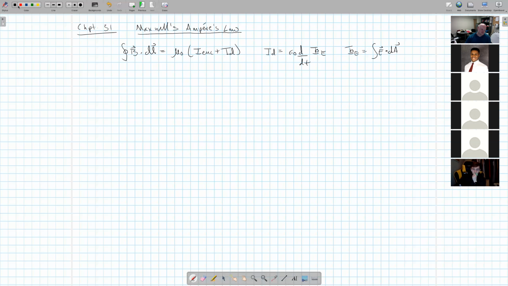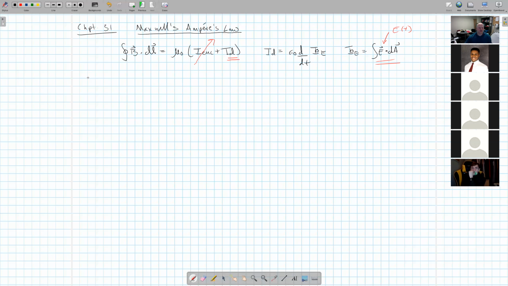For exam purposes, we're not going to care about the I enclosed. We already did that before with Ampere's law, that was exam 4. What we're really going to concentrate on is just the displacement current, which means there has to be something in here which is time dependent, which for us will actually be the electric field. So the electric field itself will be time dependent, not the area. Our area is going to be fixed.